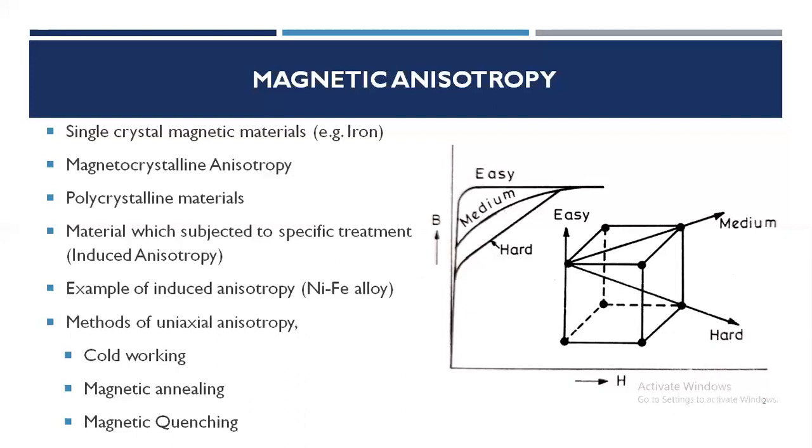If I am comparing the last two, these two methods are exactly opposite. The common thing is that both methods are applied in the presence of a magnetic field, and the first one is without a magnetic field. In the second method, you keep the material in a magnetic field and apply the heating process, and in the last method you also keep the same material in a magnetic field, but you have to cool the material at a particular temperature.